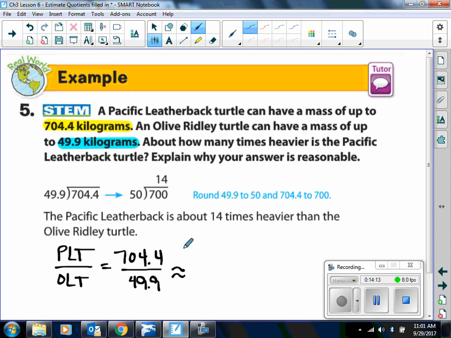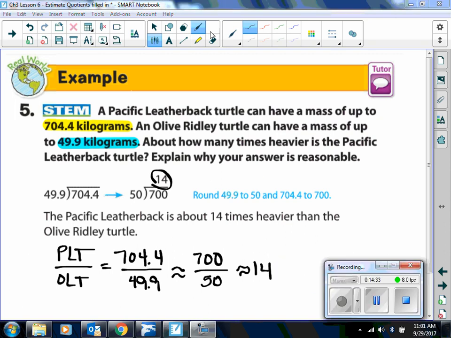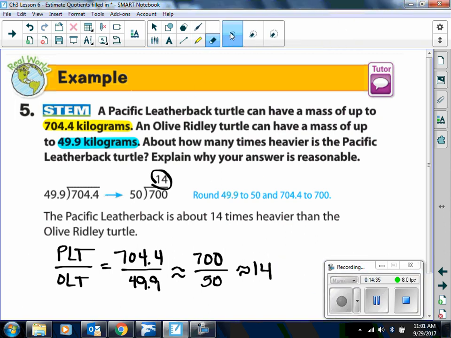We can round the 704 to 700, and we can round the 49.9 to 50. Then when we do that division, we get 14. Is everybody clear? All right, so that's supposed to be an olive Ridley turtle, right? So O-R-T.